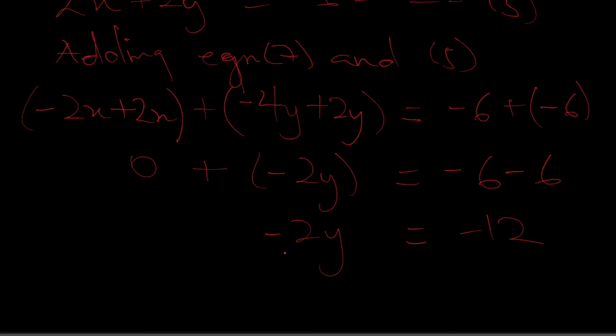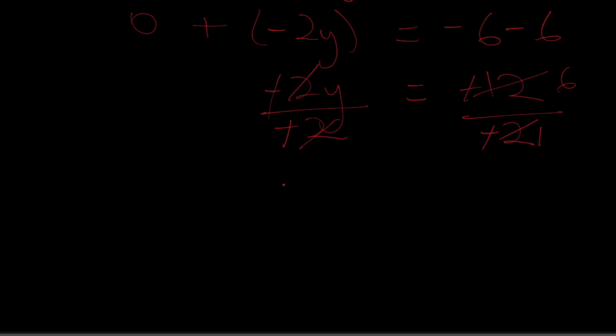Now to find y, we divide both sides by negative 2. So negative cancels negative, 2 cancels 2. 2 goes into 12 6 times. So then our y becomes 6.